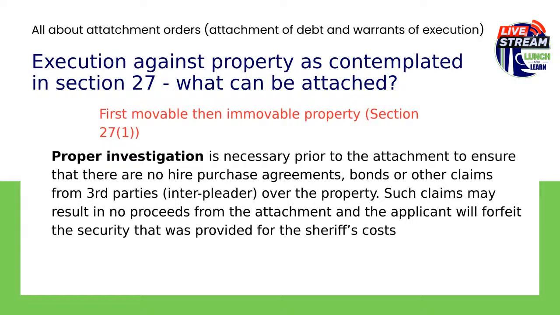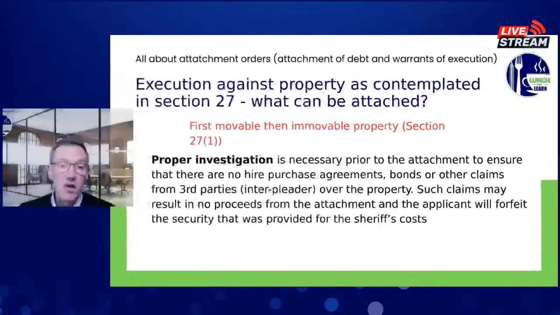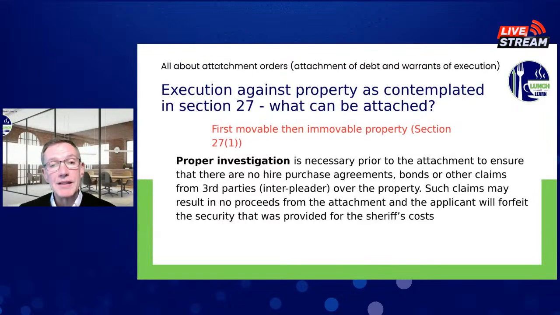If you have a claim and you attach property which belongs to, for example, a retailer, what you bought on hire purchase in terms of the Credit Agreements Act, like a TV or a couch from a retailer, then there would be an interpleader, which amounts to extra legal costs being incurred.